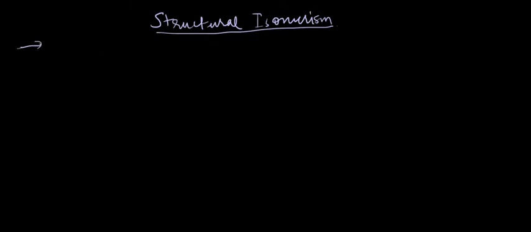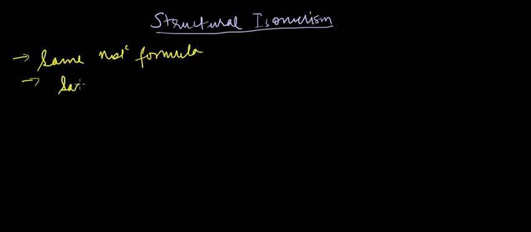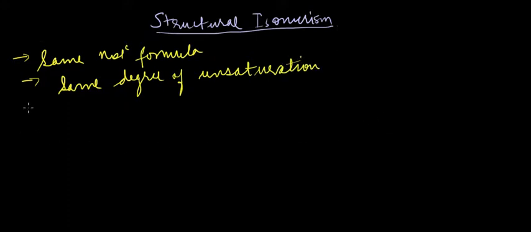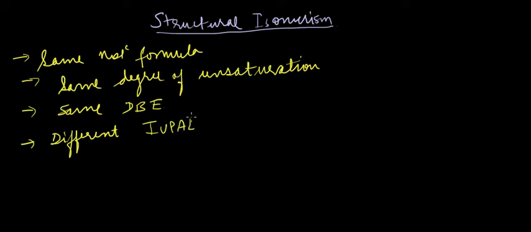Structural isomers have the same molecular formula, they have the same degree of unsaturation, they have the same DBE, they have different IUPAC names, and they have at least one of the physical or chemical properties that must be different.